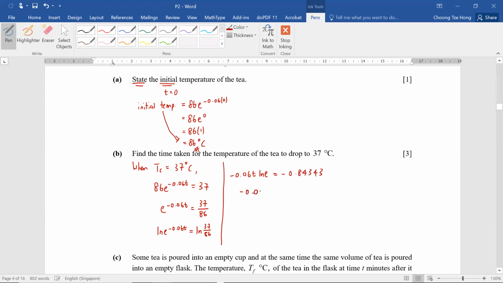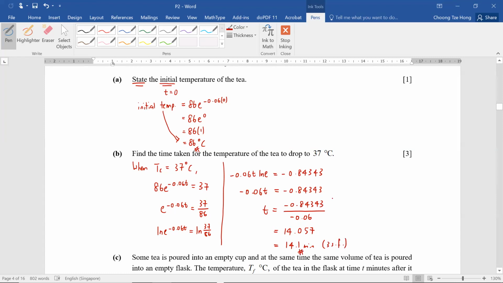In other words, negative 0.06t equals negative 0.84343, so t equals negative 0.84343 divided by negative 0.06. You'll get 14.057, so it's 14.1 minutes, rounded off to 3 significant figures.